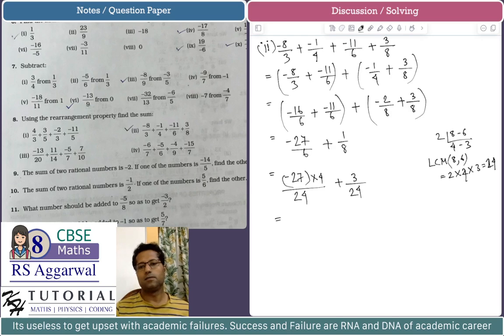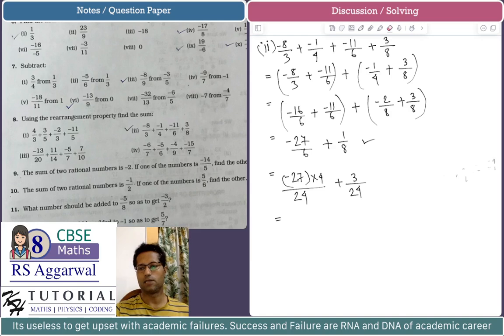At this stage you could have converted the rational number minus 27 by 6 to its standard form. That is, we could have divided both the numerator and the denominator by 3, and it would be minus 9 by 2. So let's not cancel this.